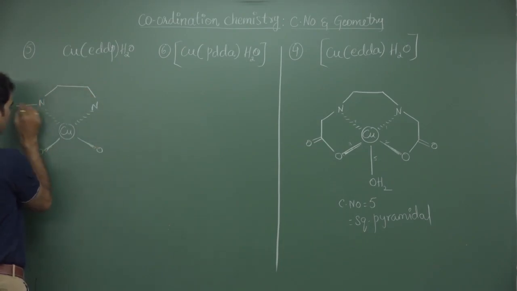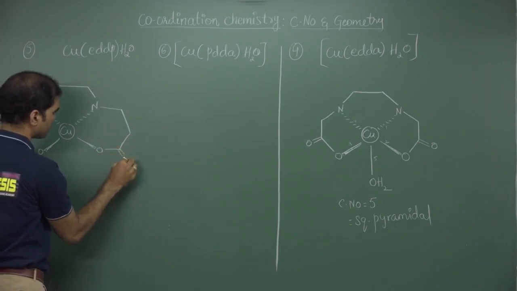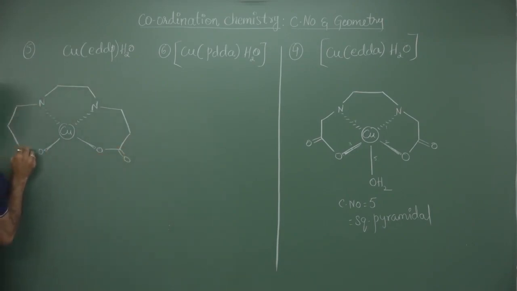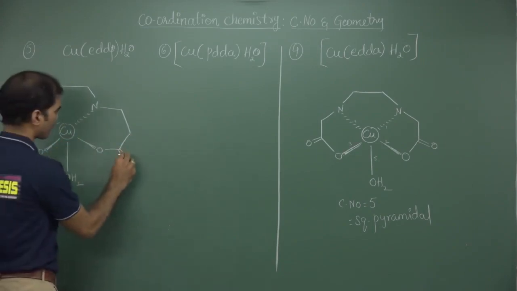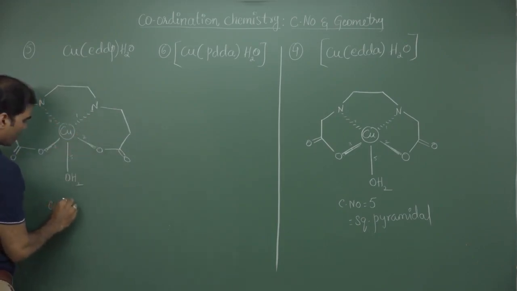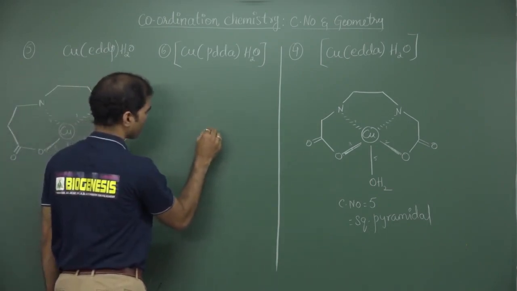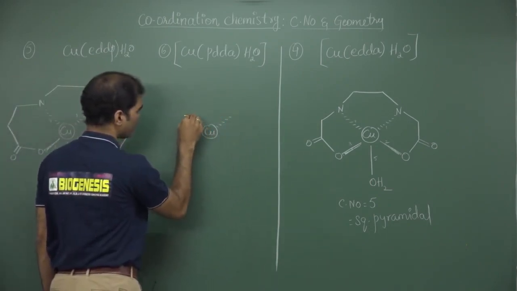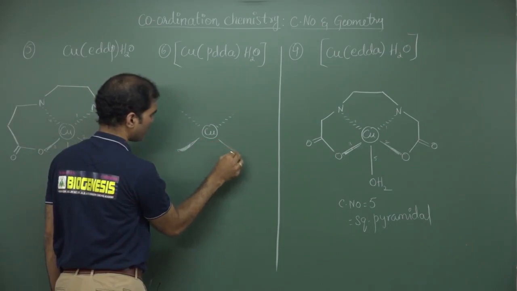But now the change is CH2. One, 2, 3, 4 and 5 sigma bonds. So coordination number is again 5. Coordination geometry is square pyramid. And for this, instead of ethylene diamine, it is propylene diamine. There are 3 carbon units separating the 2 nitrogens.